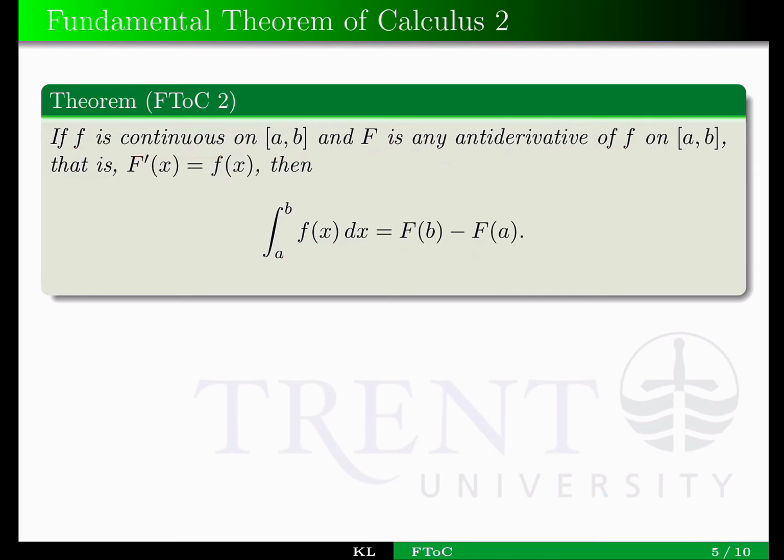So now, if we want to evaluate a definite integral, all we need to do is to find an antiderivative. And once you have your antiderivative for your small f, then just evaluate it. So it's much faster in a sense than doing the limits of Riemann sum.